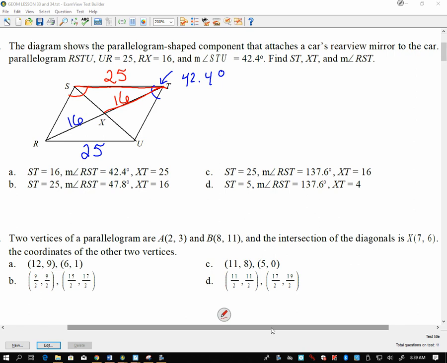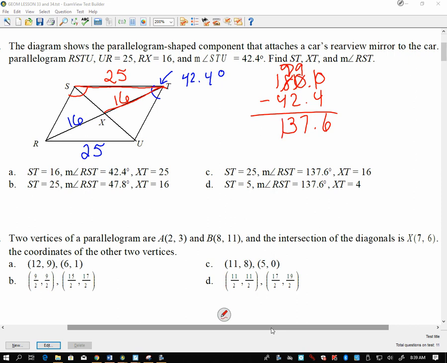So what math am I going to do here? 180 minus 42.4. Okay, so I'd get 9 there, 10 there, 9 there, 10 here. 6. Did I mess something up? Oh, gosh, that should be a 7, right? Okay, 7. So 137.6.